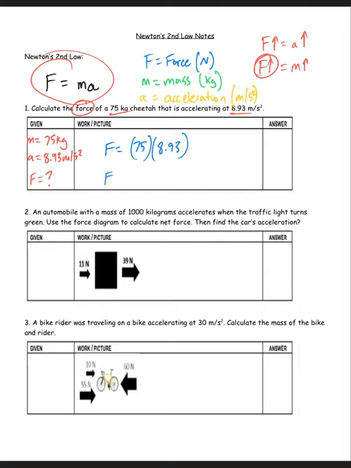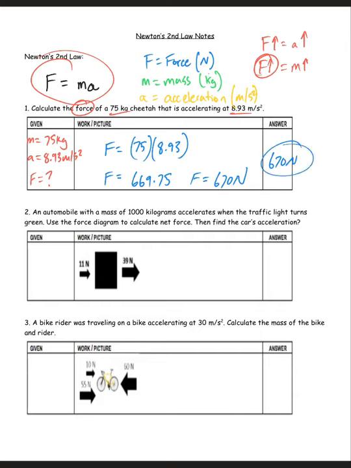So now to solve for force, we just are going to plug into our calculators 75 times 8.93, and we get 669.75, and we'll go ahead and just round that to 670. Newtons is the unit for force. So our answer, 670 newtons.